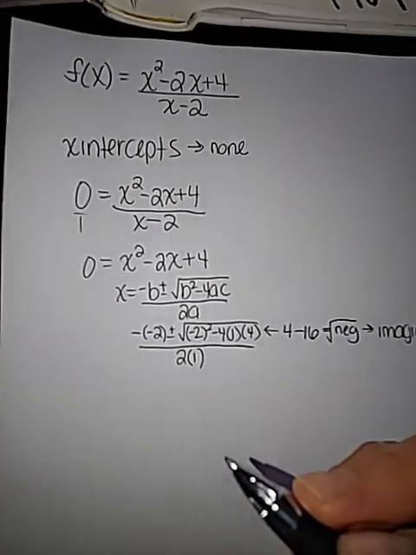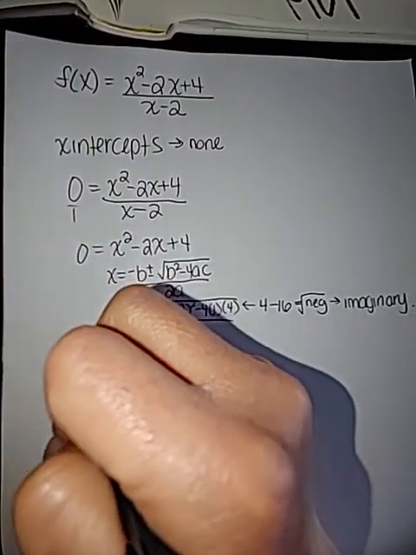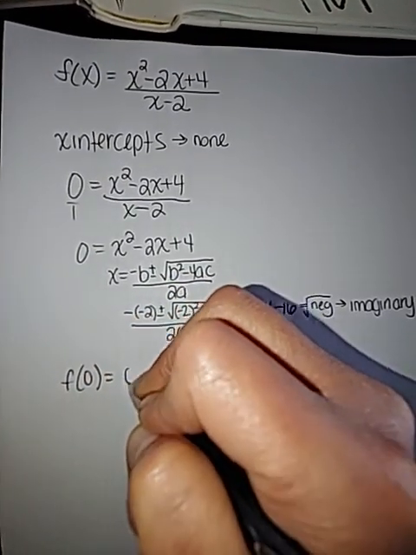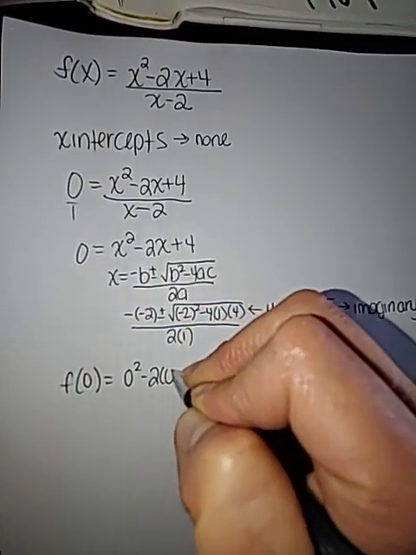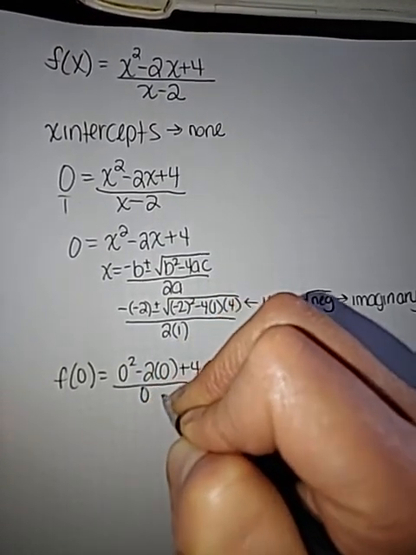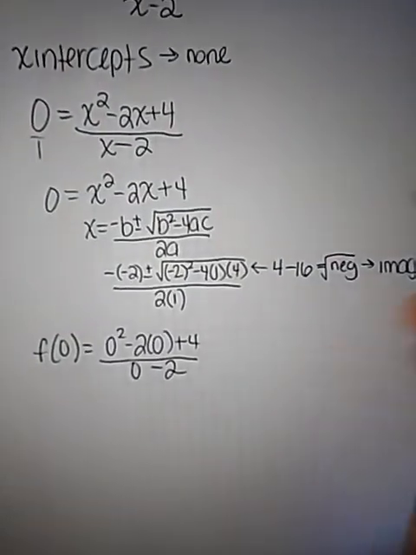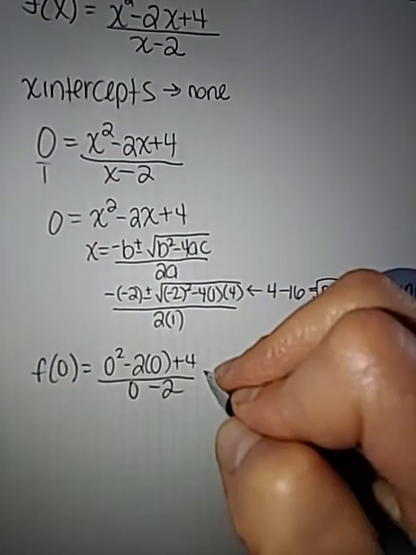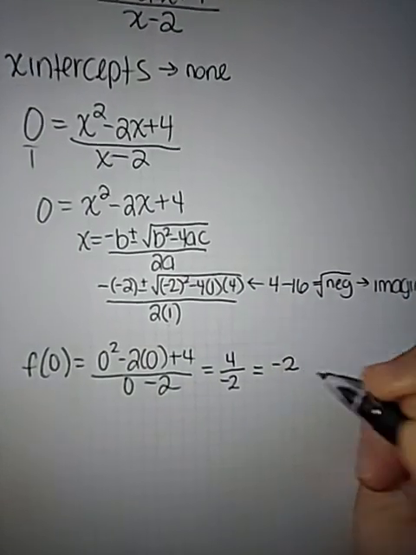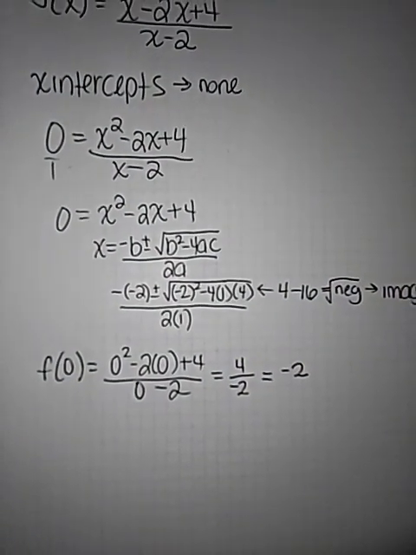All right, now I'm going to find my y-intercept. To find my y-intercept, I set x equal to 0. So I have 4 on top, negative 2 on the bottom, which gives me negative 2.